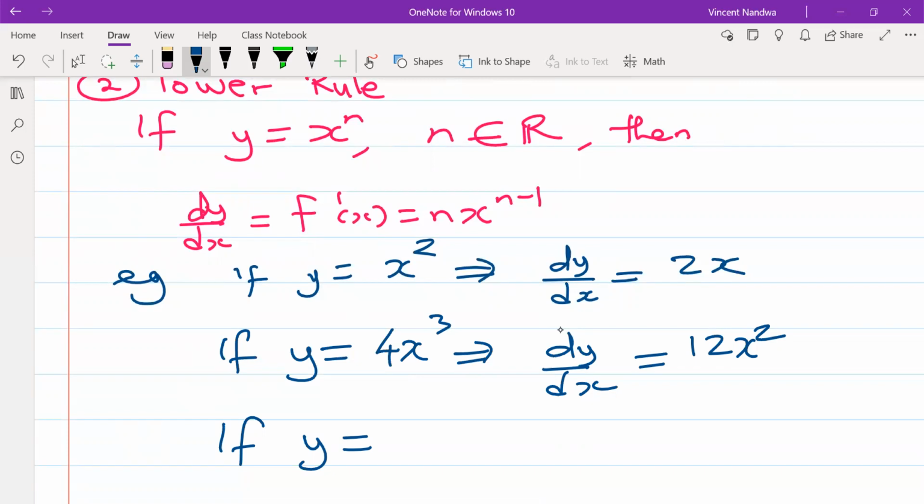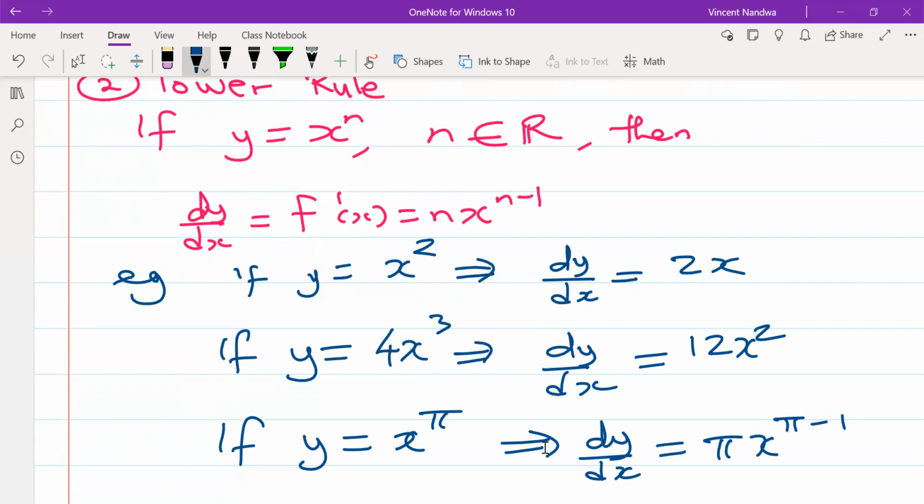If I have x power pi, then dy/dx will be pi x power pi minus 1. Remember, pi is a constant.